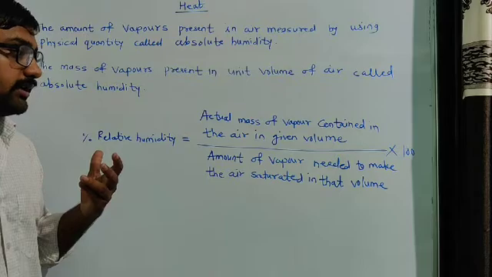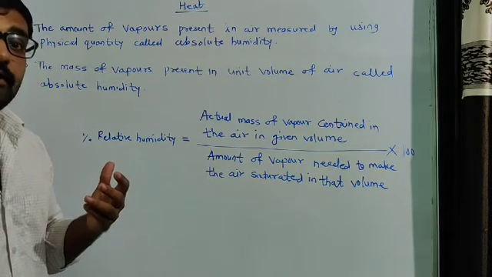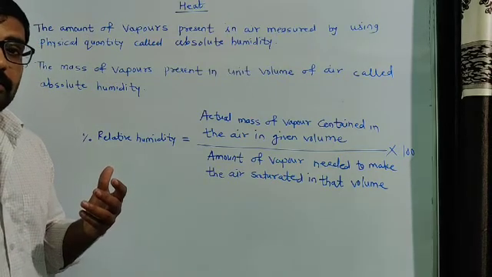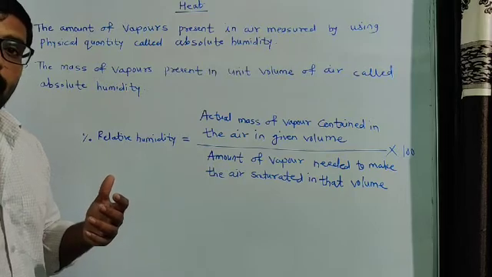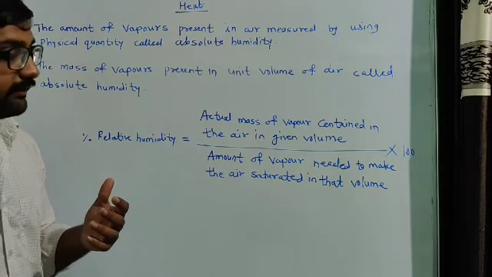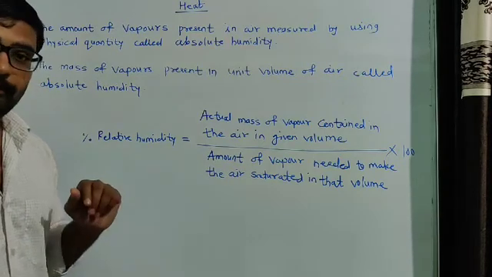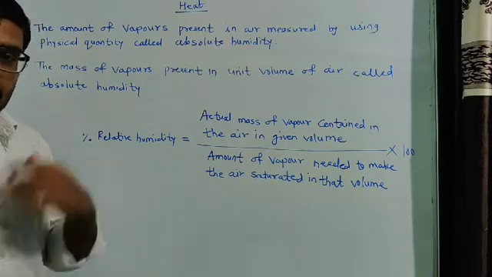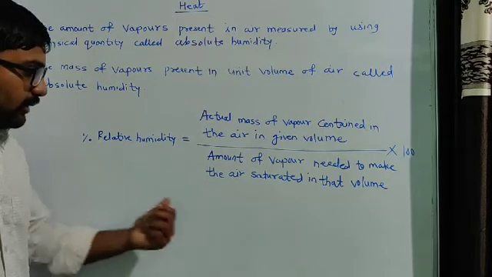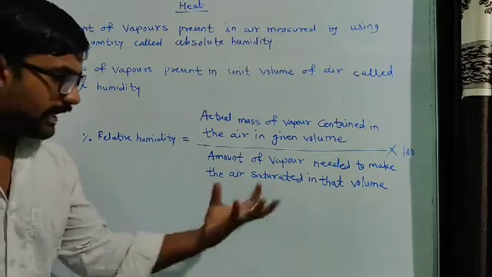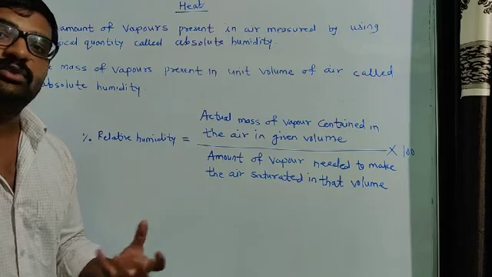Generally we see this case in the winter season, where in the early morning the temperature is very low, and due to that we see a lot of dew present in our surroundings. As the temperature decreases, we know at 20 degrees we need less moisture to saturate air.